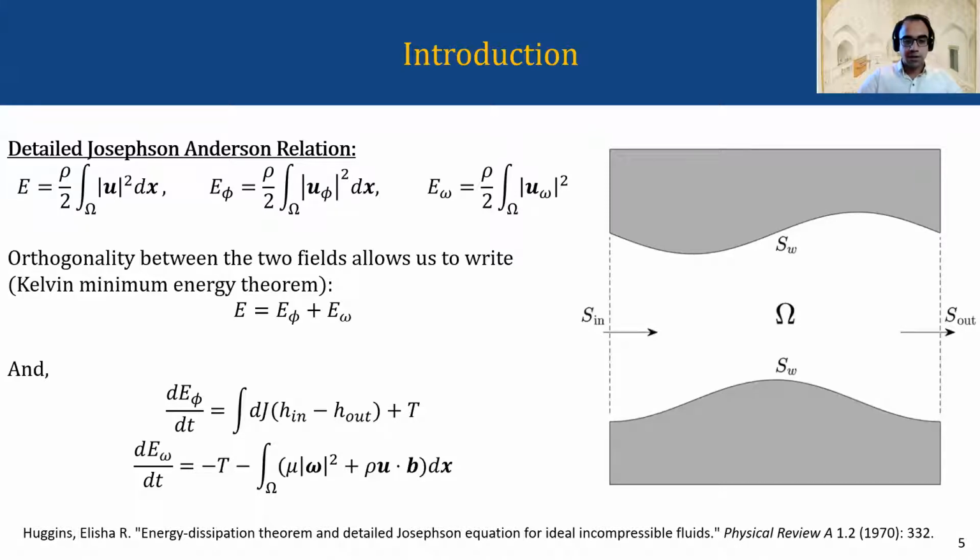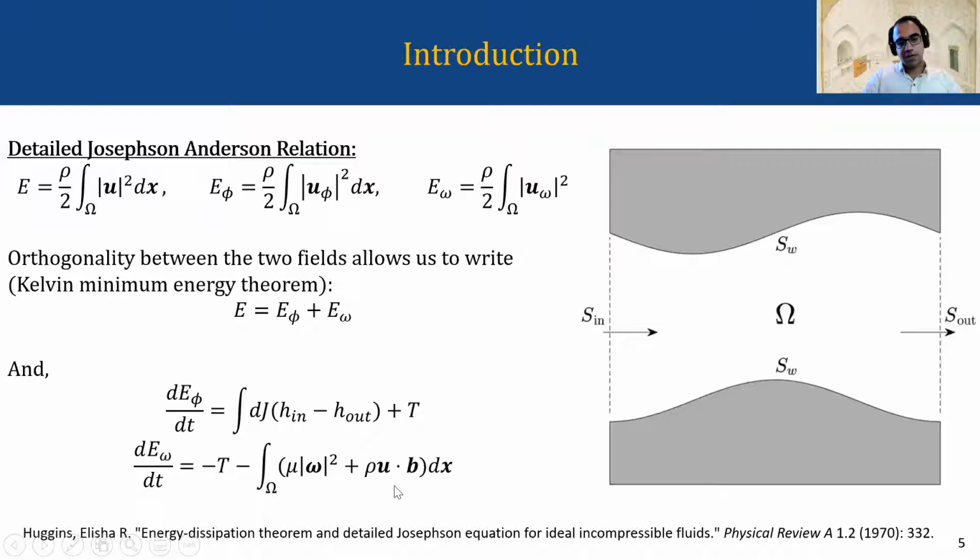And the Josephson-Anderson relation says that this potential field is carrying the pressure drop, and there is a term T which is transferring momentum or energy from the potential field to the vortical field. So you see that in the equation for E phi, you have the term T acting like a sink if T is negative, and acting like a source for dE omega/dt, where you also have the dissipation.